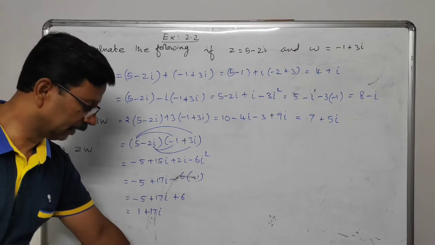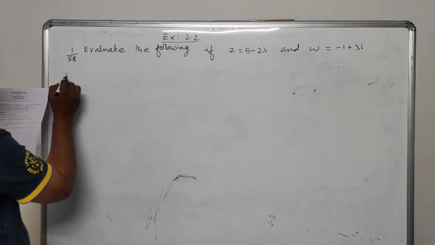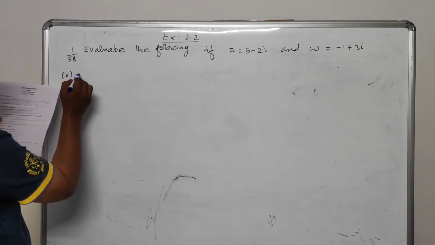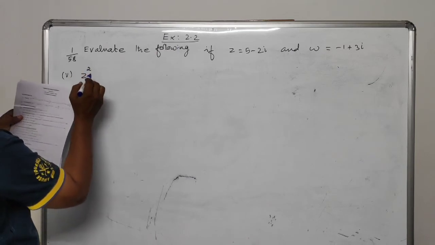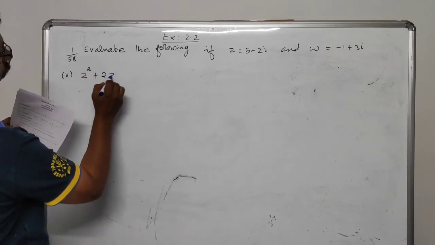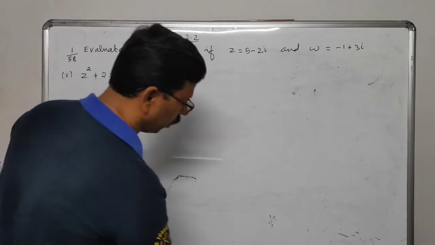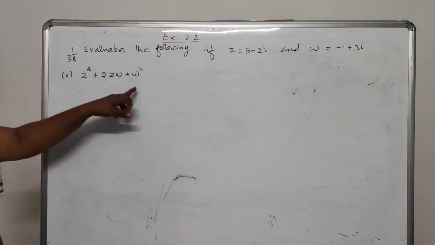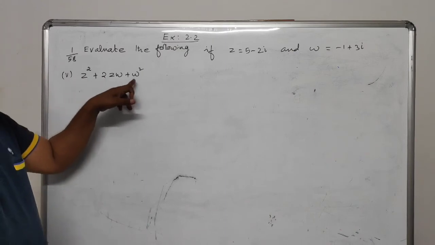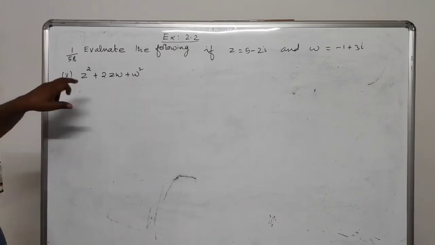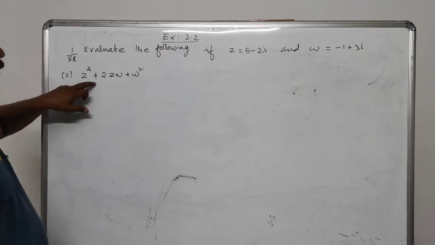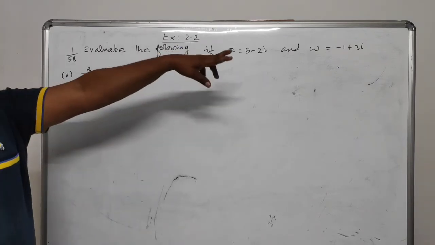After that, let us see the next subdivision. The subdivision is z square plus 2zw plus w square. Now I have to evaluate the value of this expression. Here you can replace z as 5 minus 2i and w as minus 1 plus 3i.